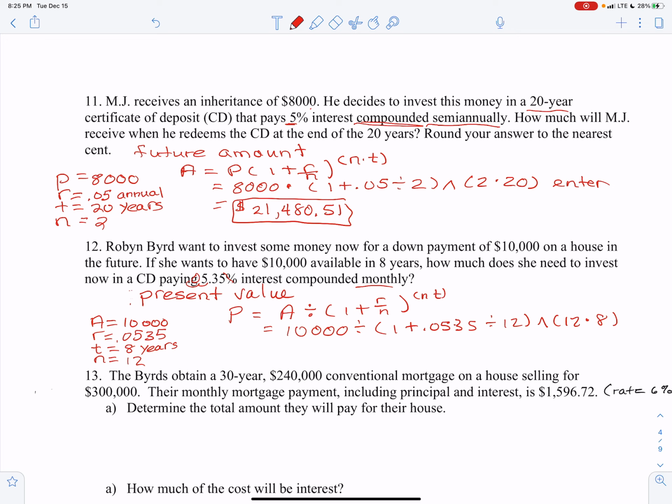The 10,000 divided by, parenthesis, 1 plus 0.0535 divided by 12, close the parenthesis, use the exponent key, whatever your exponent key is, then parenthesis, 12 times 8, close that parenthesis, so I get $6,524, and if I round it to the nearest cent, I get 317, so 32 cents.